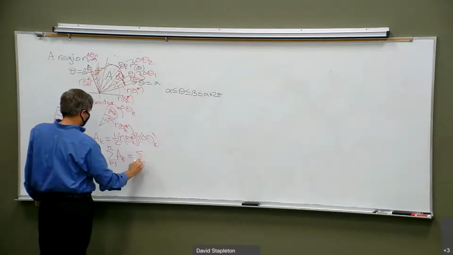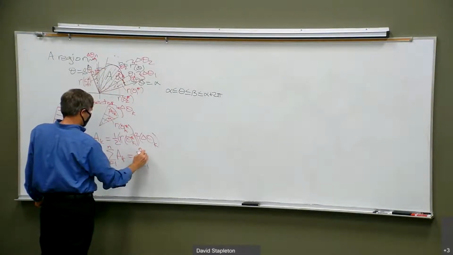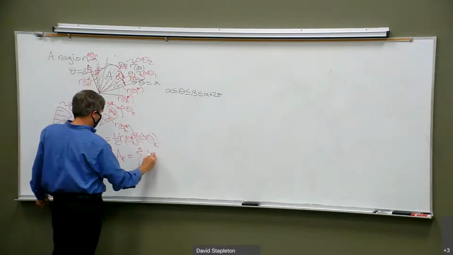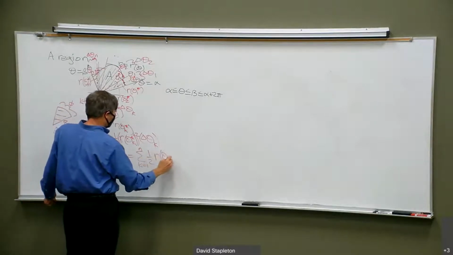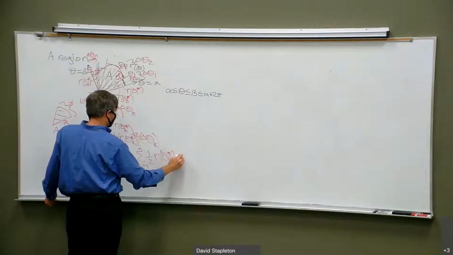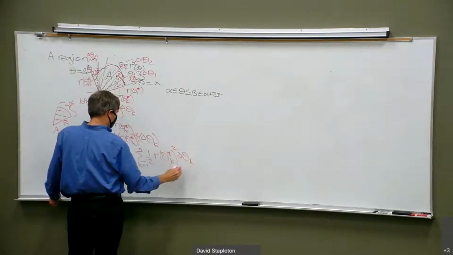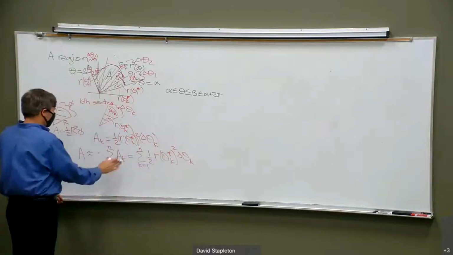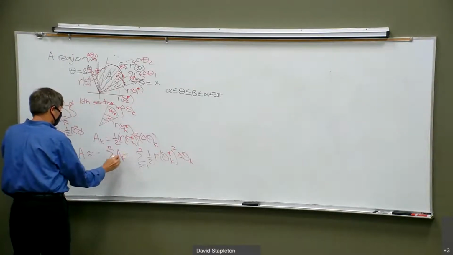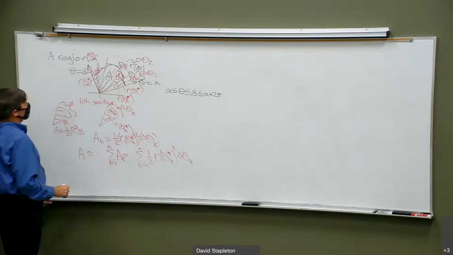Well, that sum, k equals 1 to n, of 1/2 r of theta k star squared delta theta k, gives us an estimate for the area.